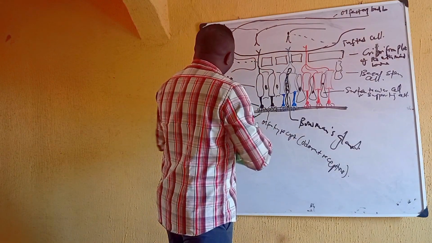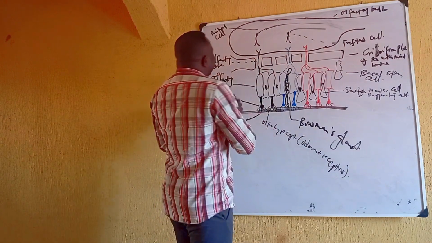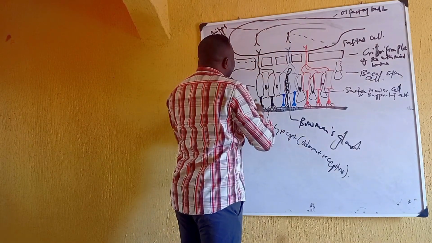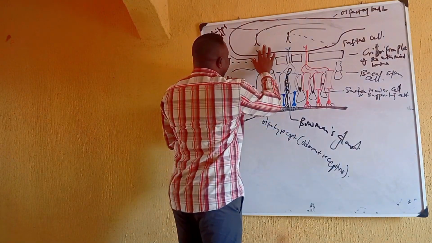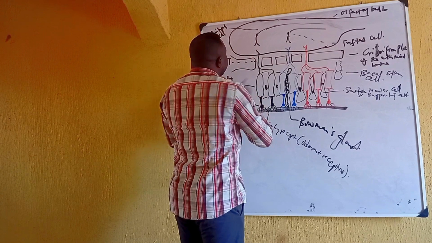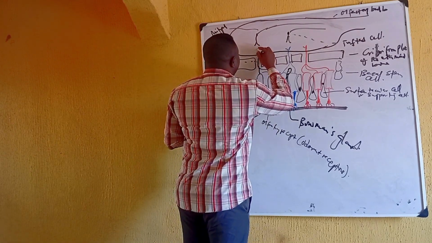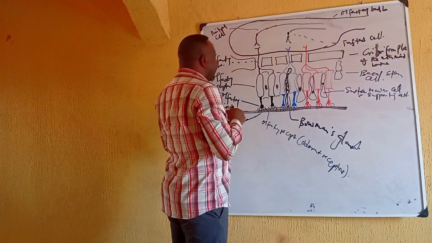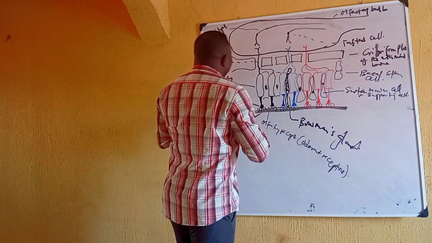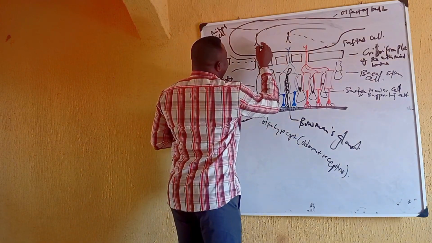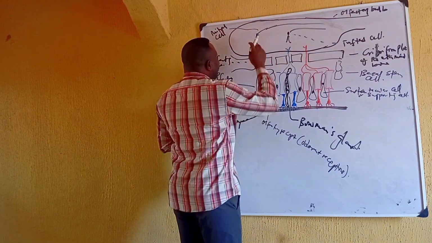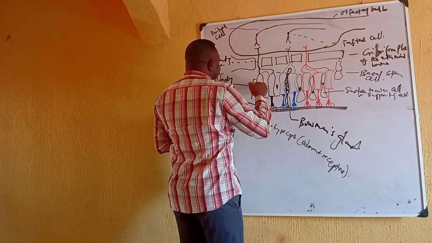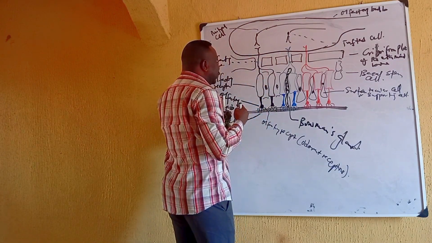Now, the dendrites of the mitral cells and tufted cells actually connect with the axons of the olfactory receptors, and there is usually a structure that is formed when the dendrites of the mitral cells and the axons of the olfactory receptors synapse together.